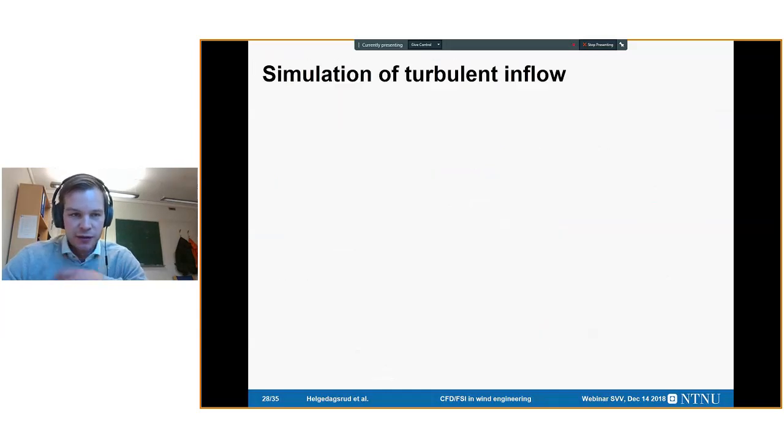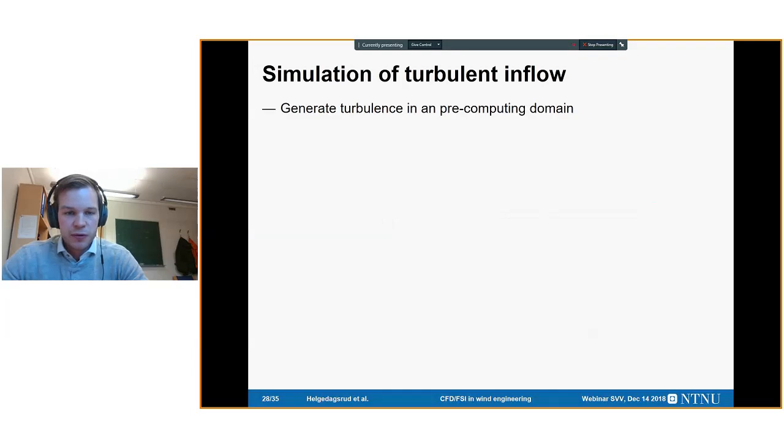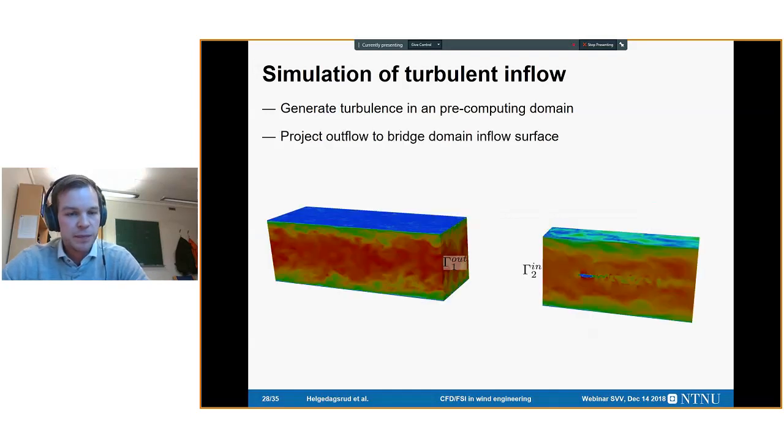But we need some way to simulate the incoming turbulence. So we propose this multi-domain modeling approach where we generate turbulence in a pre-computing domain here, and we project the outflow as inflow boundary conditions to the main computing domain.